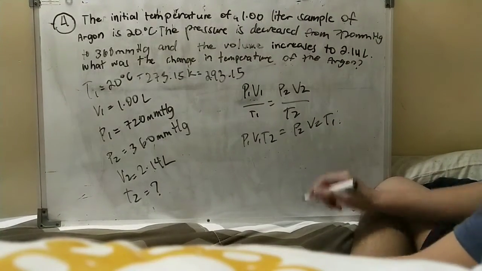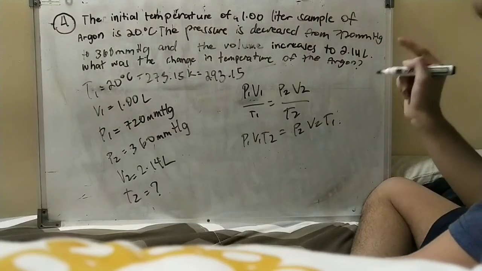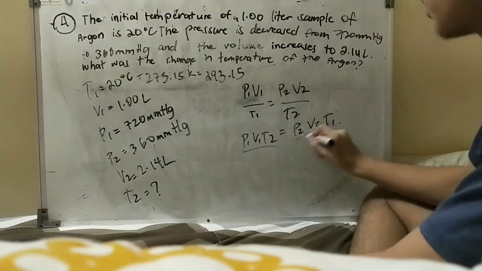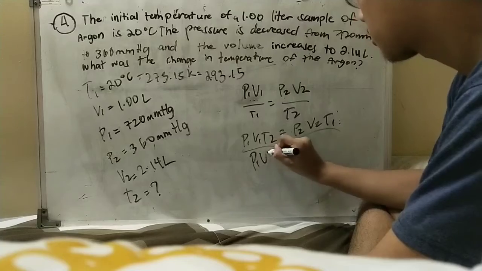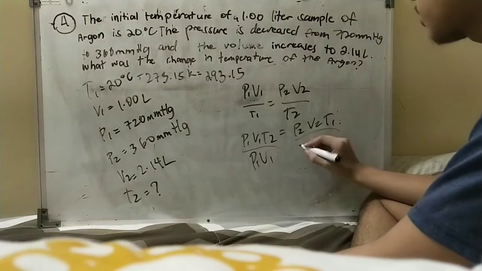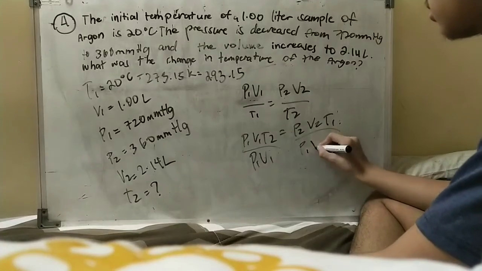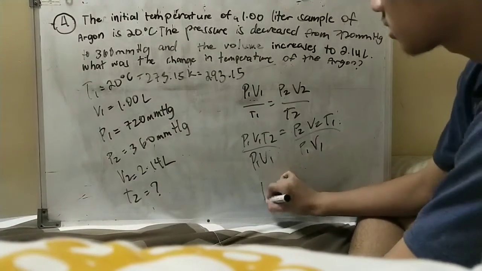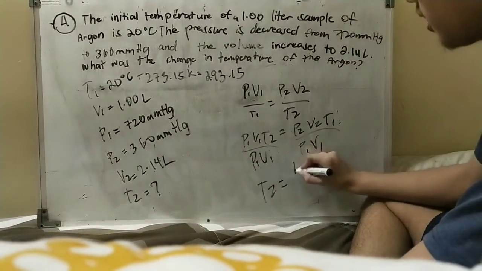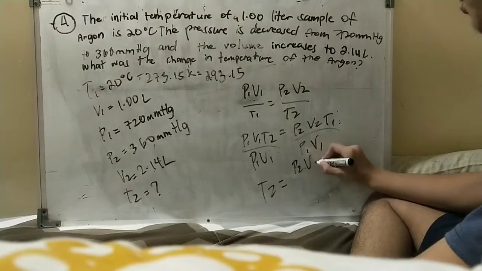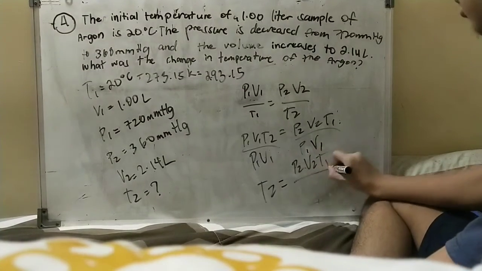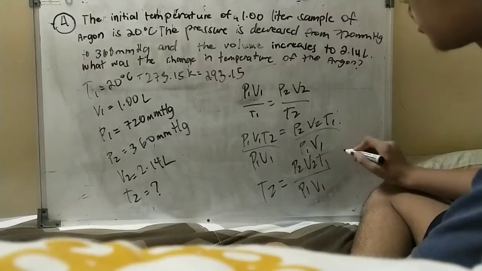Then, what we're finding is our final temperature. So, let's divide both sides by P1 V1 because we only need our final temperature in our solution. So, this is the formula of our final temperature, which is P2 V2 T1 over P1 V1.